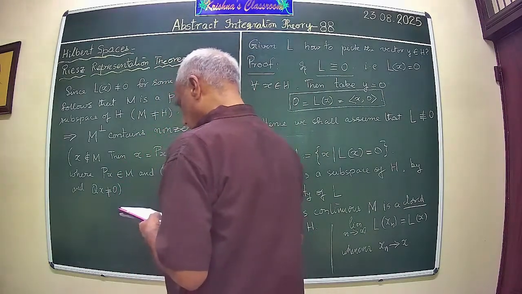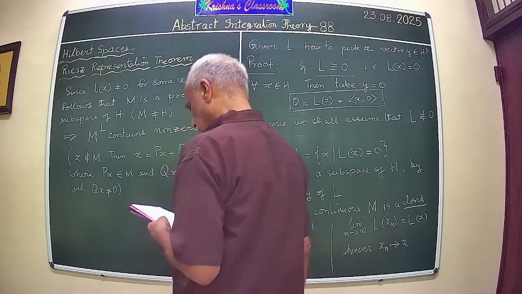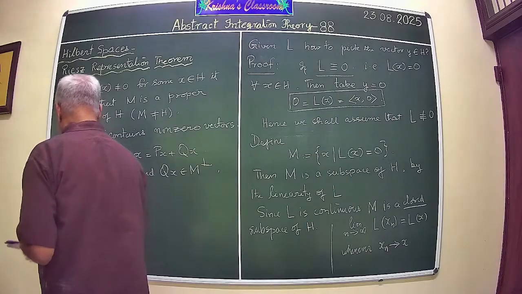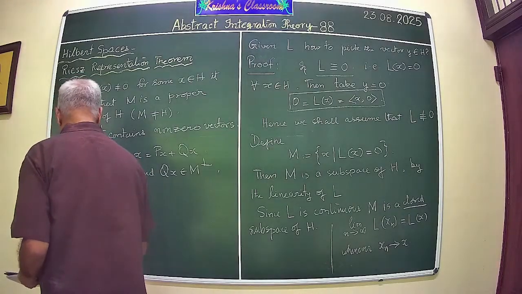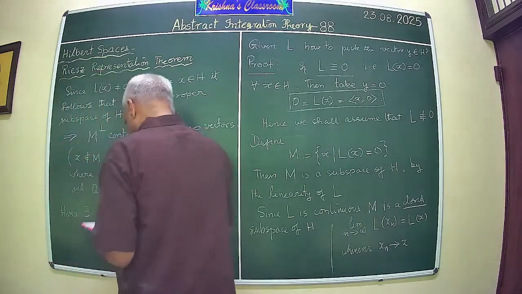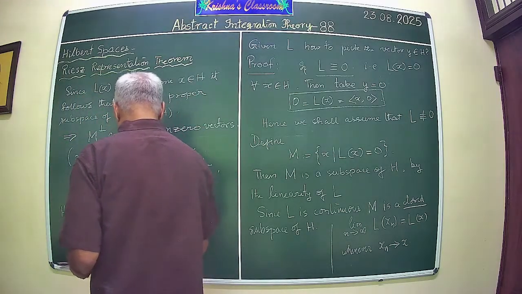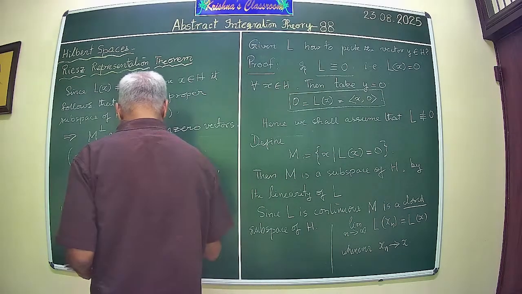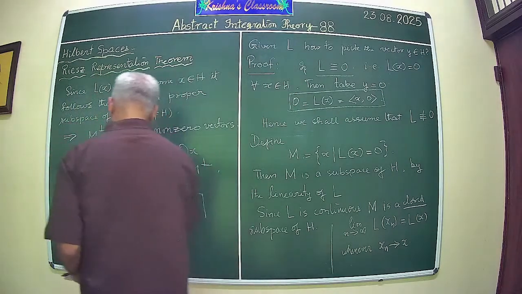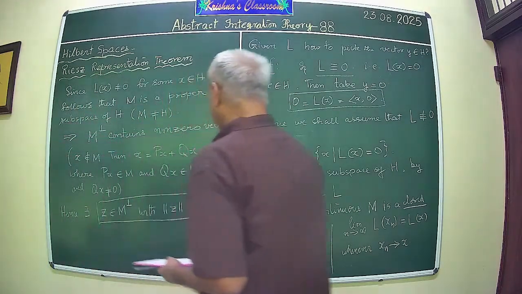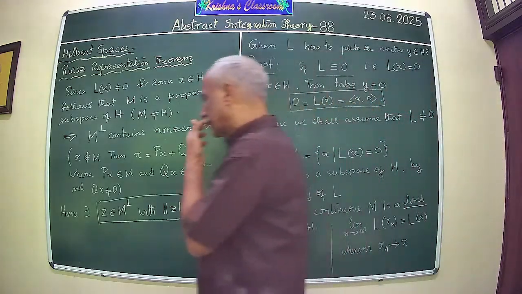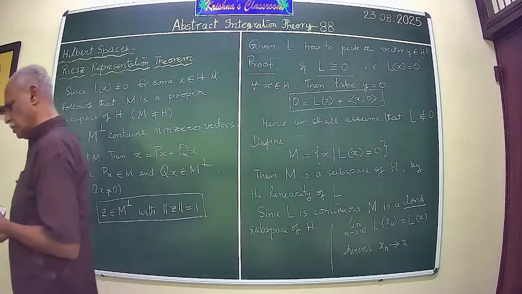This is not equal to 0. Hence, there is some z belonging to M perp, so this is a choice set, with the norm of z equal to 1. That means some unit vector in M perp.